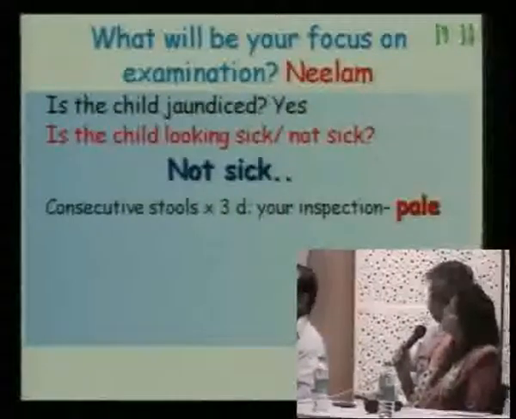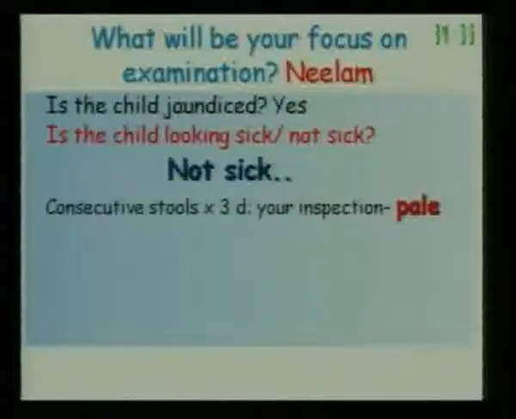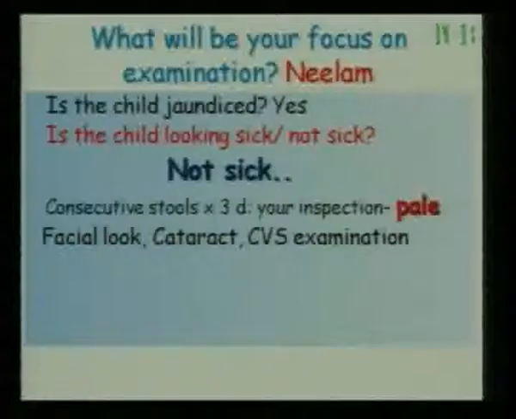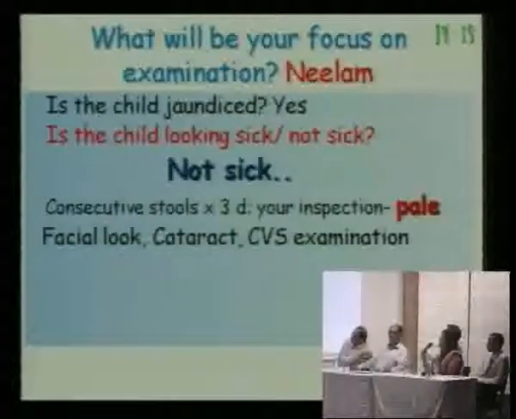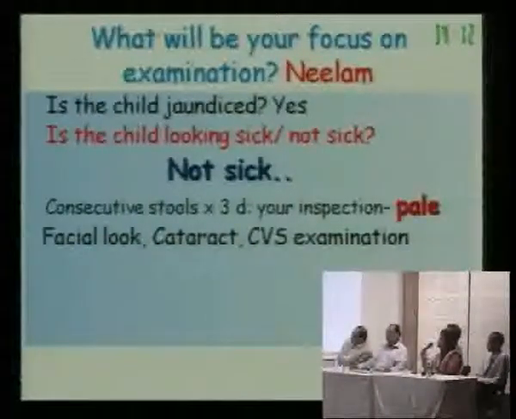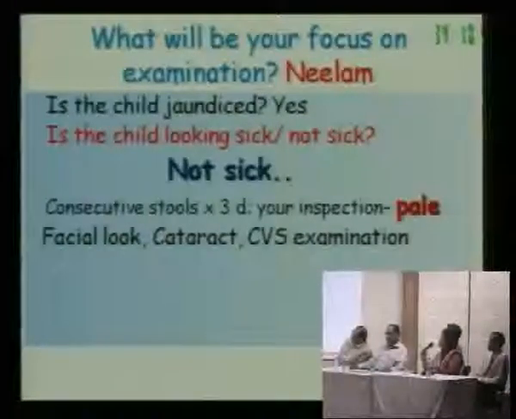What are the things? One is the consecutive stool for 3 days. They are pale in color. And then you would also like to concentrate on the facial look, cataract and CVS examination. Can you highlight why we are saying these 3 pointers in this child? Well, facial look generally helps a lot in cholestatic patients. For example, in Alagille you can get paucity, you can have Down syndrome with cholestasis.